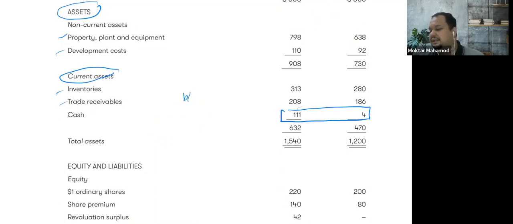This is the brought down balance, this is the carried down balance. For this cash, brought down 4, carried down 111, and then if there is a bank overdraft, do the bank overdraft as well. But the bank overdraft will be a negative balance here.